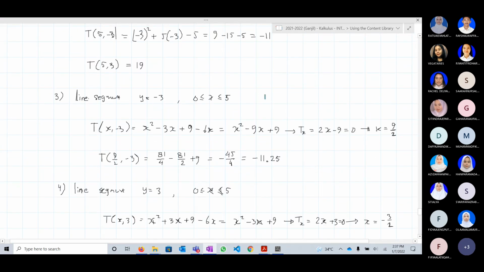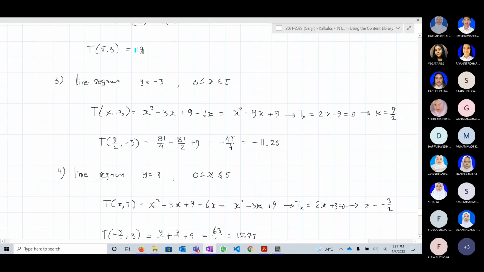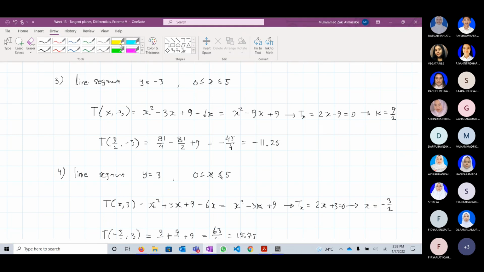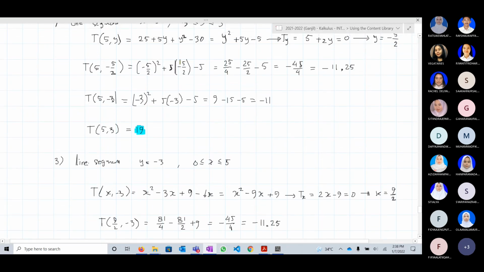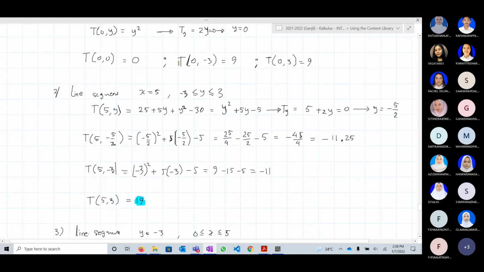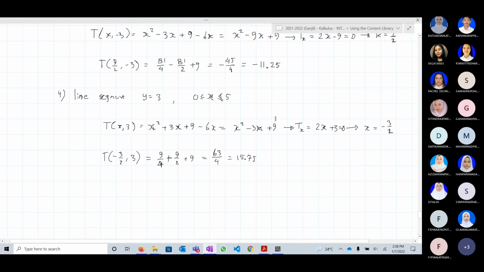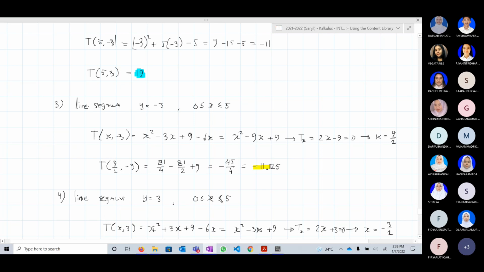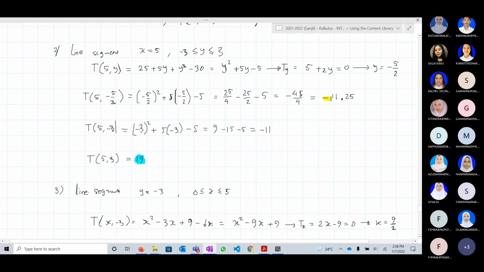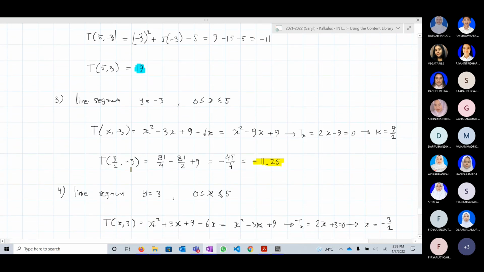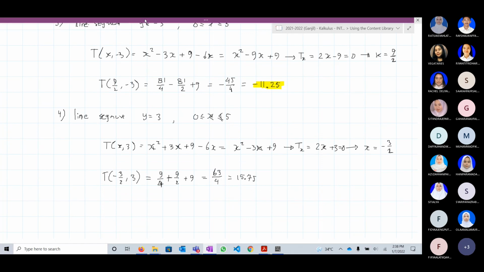The absolute maximum is 19, which happens at x comma y equal to 5,3, and the absolute minimum is minus 11.25, which happens actually at 2 points, 5 comma minus 5 over 2 and 9 over 2 comma minus 3. That's it. Any question?